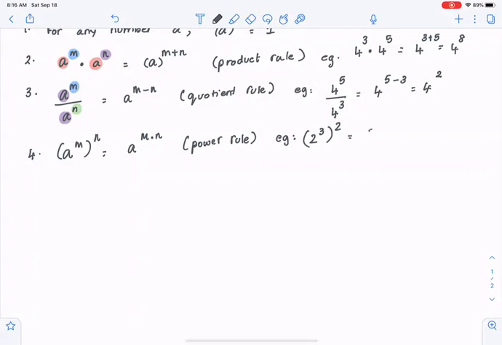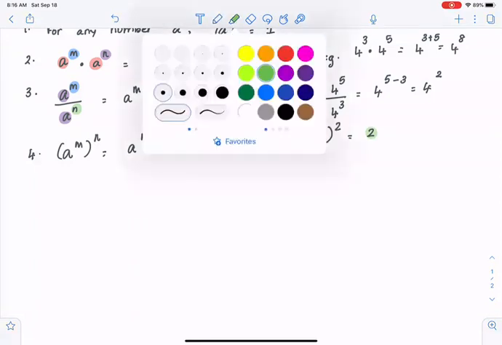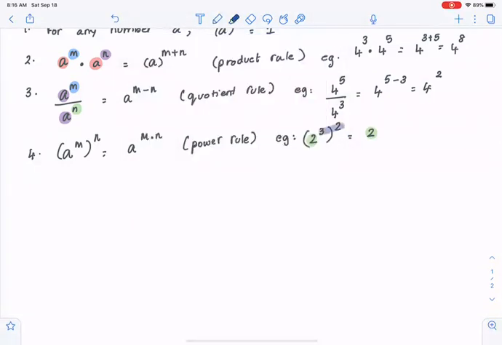Then I would put the base 2, and multiply the 3 and the 2 to get 6. A common mistake is that people tend to add, but in reality, we've got to multiply.